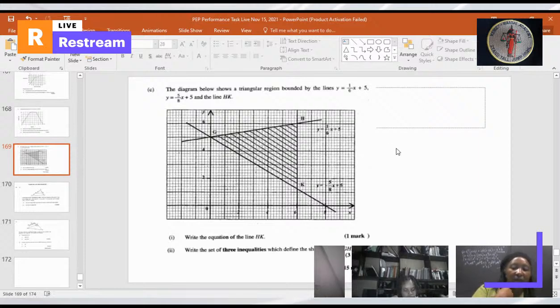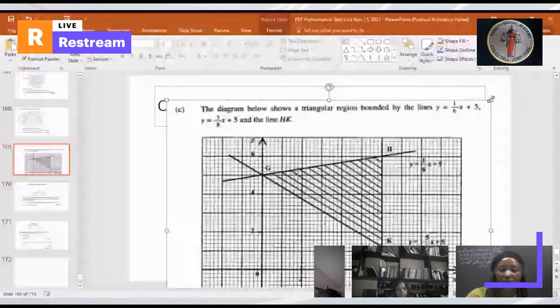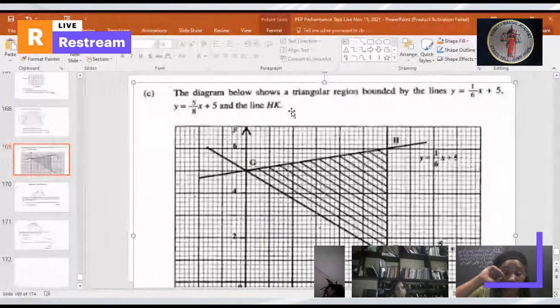The question says the diagram below shows a triangular region bounded by the lines y equals 1/6 x plus 5, y equals 5/8 x plus 5, and the line HK.